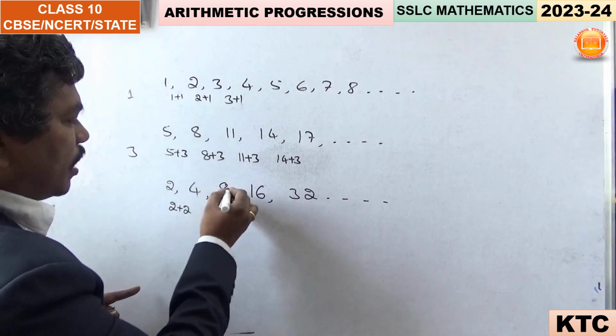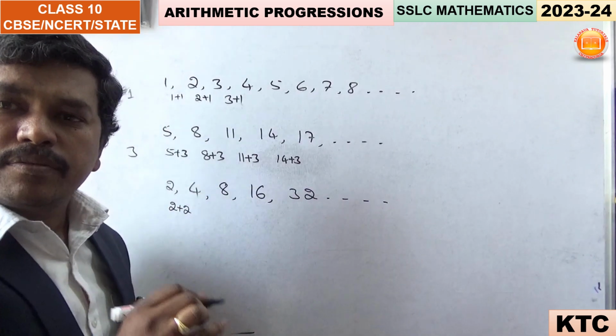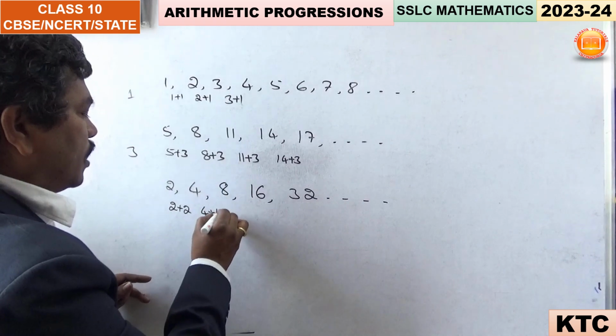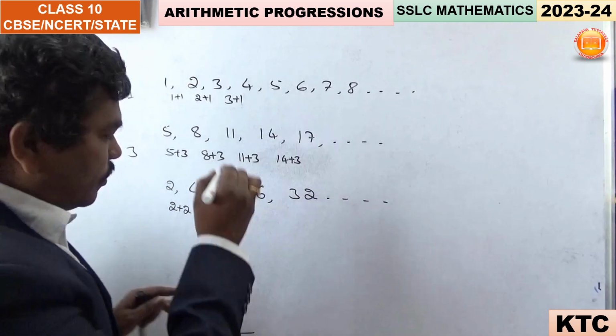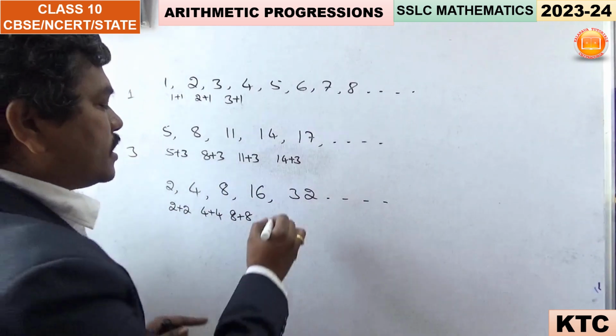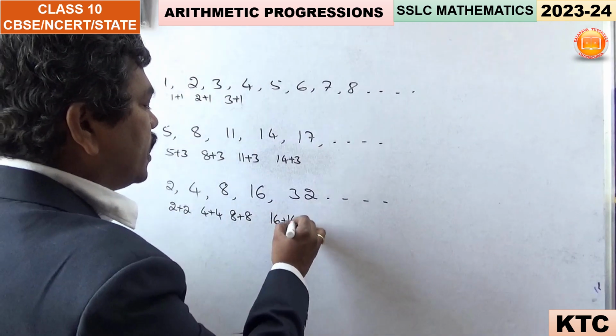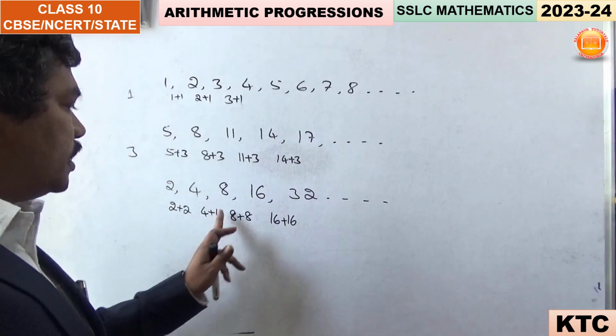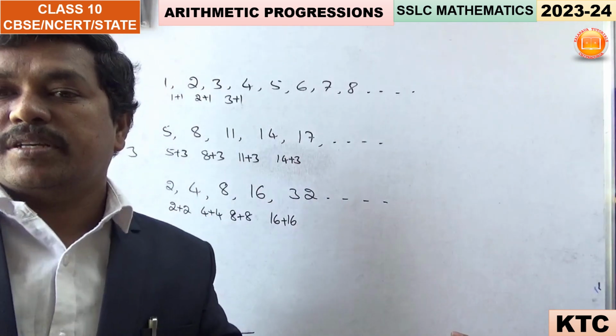But what do we add to get 8? To get 8 you have to add 4 to the 4. And to get 16 you add 8 to 8, so 8 plus 8 is equal to 16. And for getting 32 you add the same term again, to get the next successive terms.